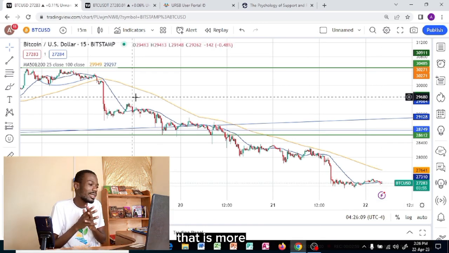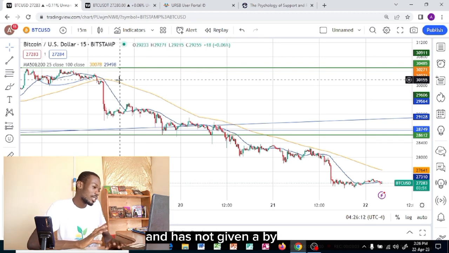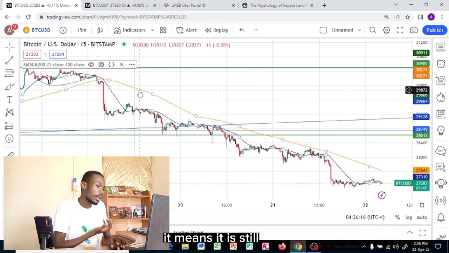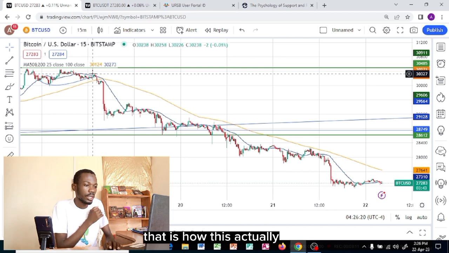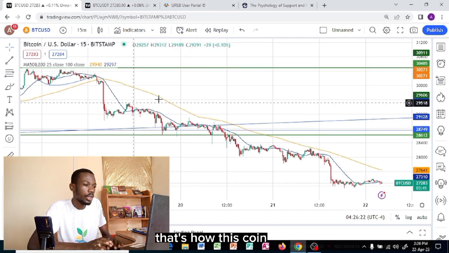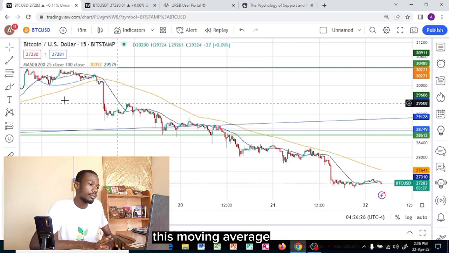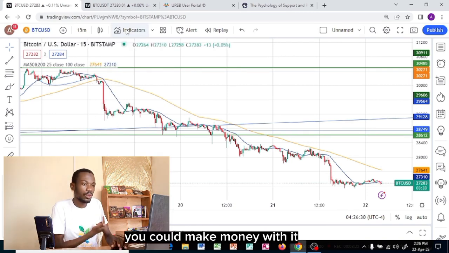That is actually a $3,000 difference, and it has not given a buy sign, so it means it is still predicting a grind down. That is how this moving average has really predicted the downward movement of Bitcoin, so you could make money with it.